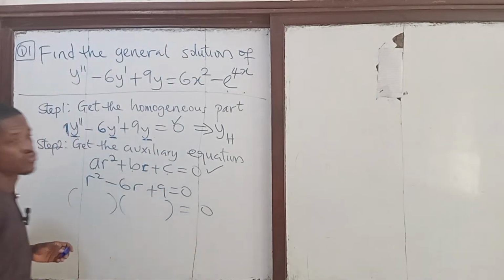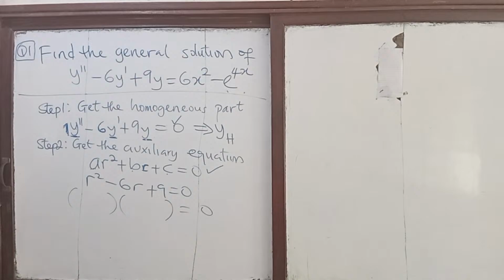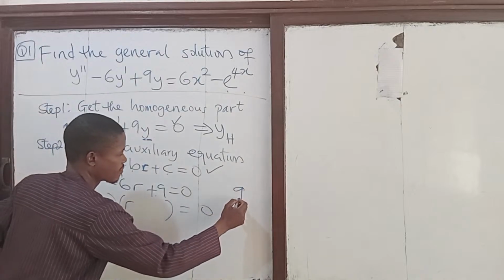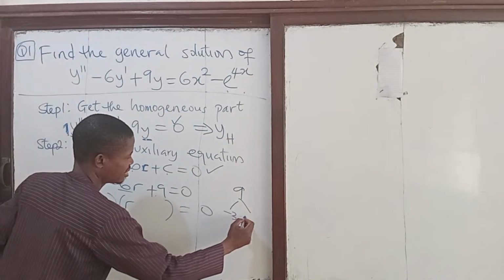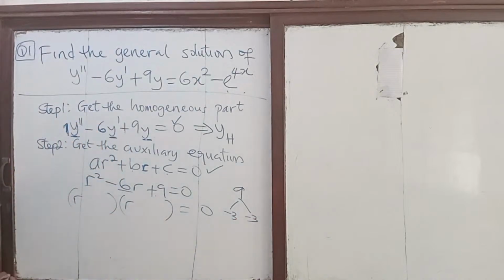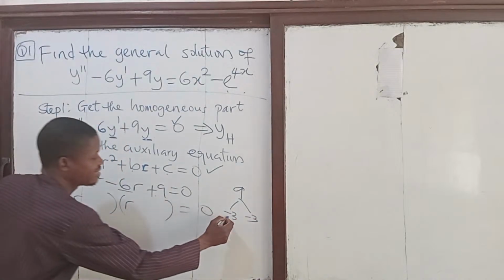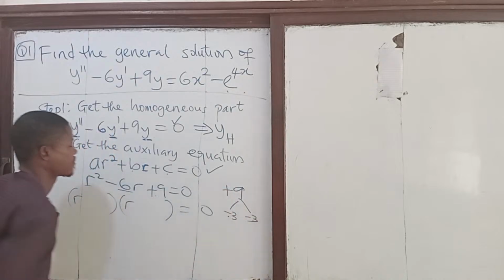I'm using the factorization method. Pair the factors of 9 that can generate minus 6. That will be minus 3 and minus 3, and when you multiply these two together, it gives you plus 9.